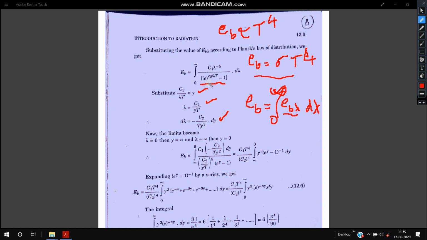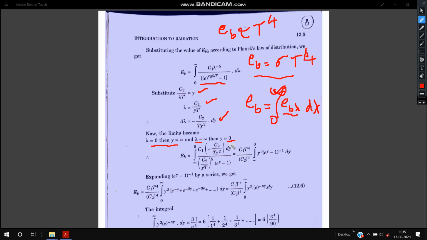Now, changing the limits from lambda to y, the limits also will change. When lambda equals 0, y becomes infinity, and when lambda equals infinity, y becomes 0. Putting the above values, E_b equals the integral from infinity to 0 of C1 times C2 by yT whole cube, divided by e raised to y minus 1.